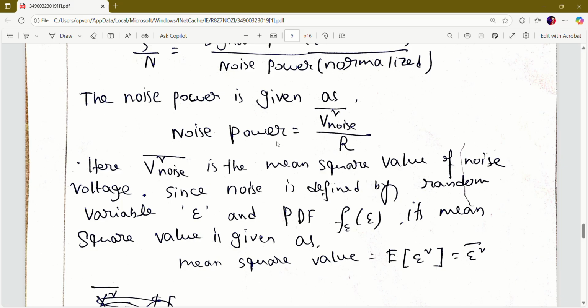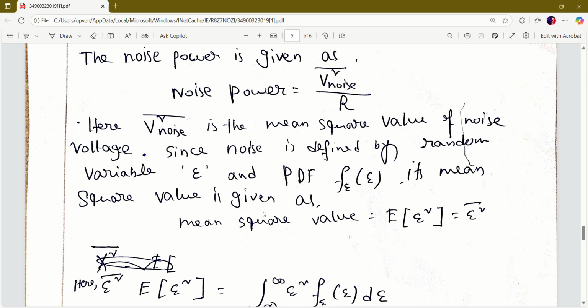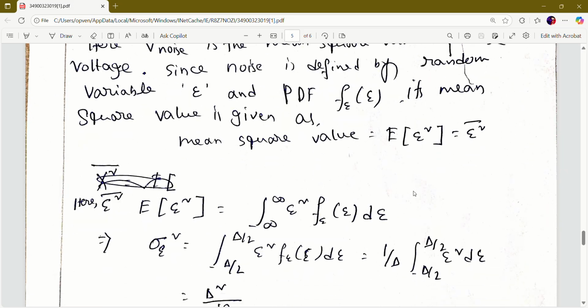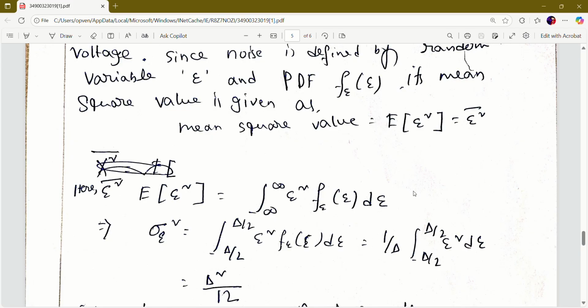Here noise power is the mean square value of noise voltage. Since noise is defined by a random variable e and PDF f of e, its mean square value is given as the expectation of e squared.